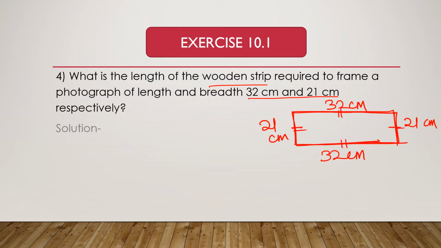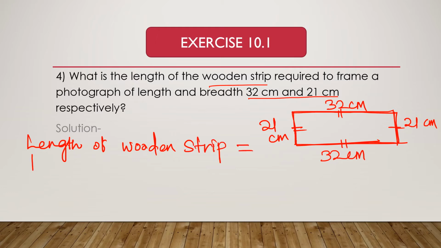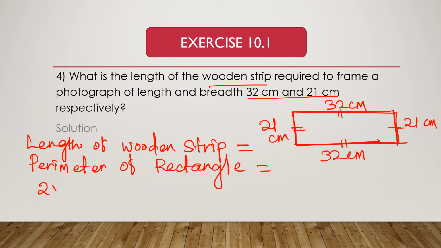Opposite sides are equal. So length of the wooden strip, that is perimeter of the rectangle. Two multiplied with length plus breadth.